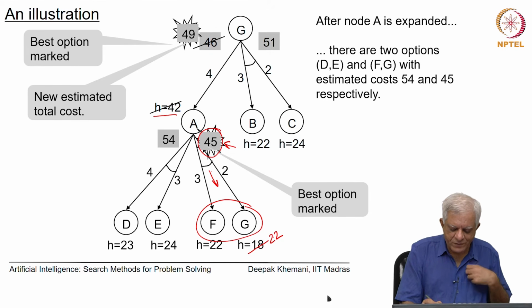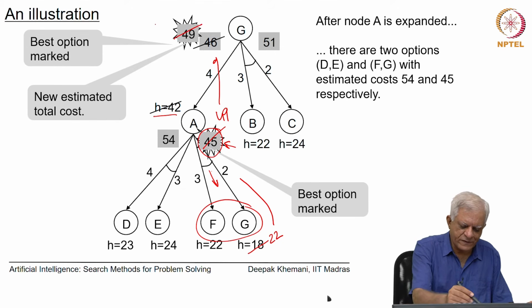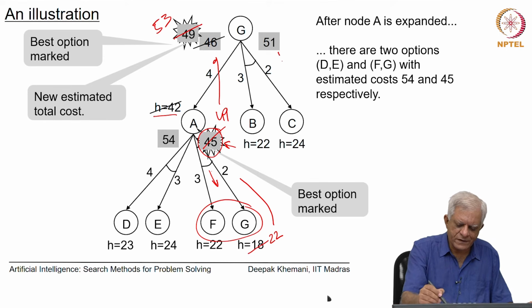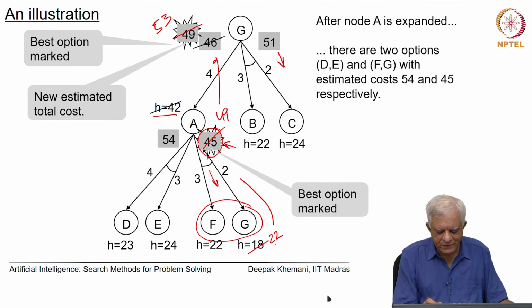Then we would have had to propagate this 22 here, and this would have become 49, and then we propagate, this would have become 53, and then the marker would have shifted to this one here. So, if the cost of G was 22, then by the time we backed up to the root, the algorithm in the next cycle would have shifted away from solving node A and shifted towards solving node B and C.